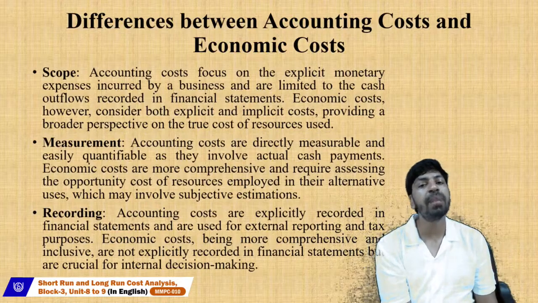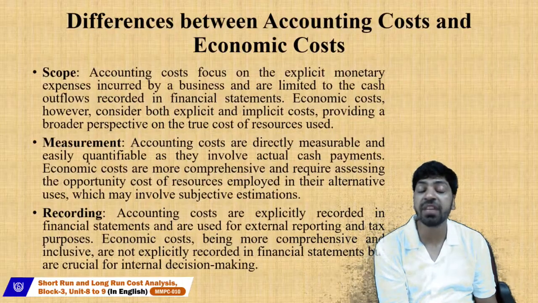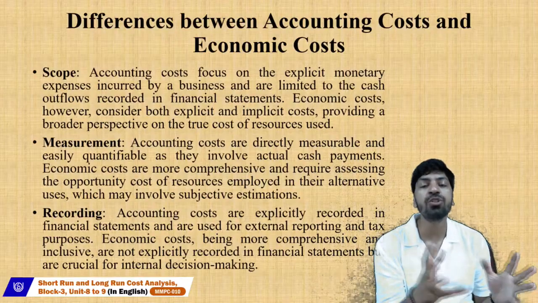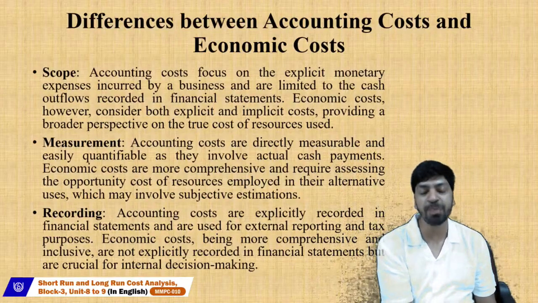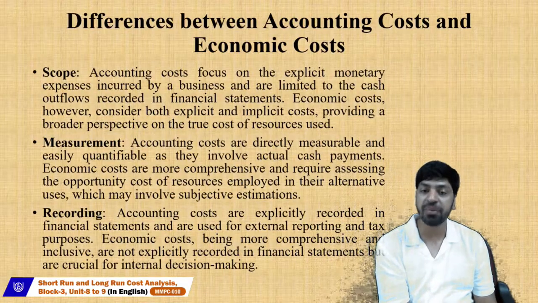Next, talk about the measurement. Accounting costs are directly measurable, quantifiable, identifiable, and it includes the actual cash payments. But economic costs are more comprehensive.